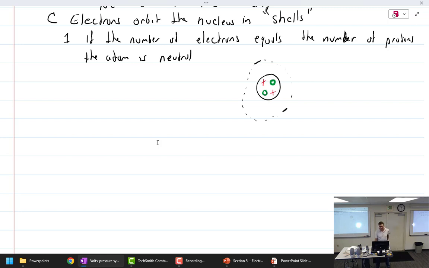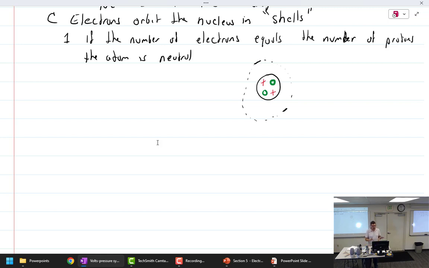It means it's balanced. Because we have protons, which are what charged? Positive, and the electrons are negative charged. And a negative and a positive, unlike charges, attract. And like charges repel.